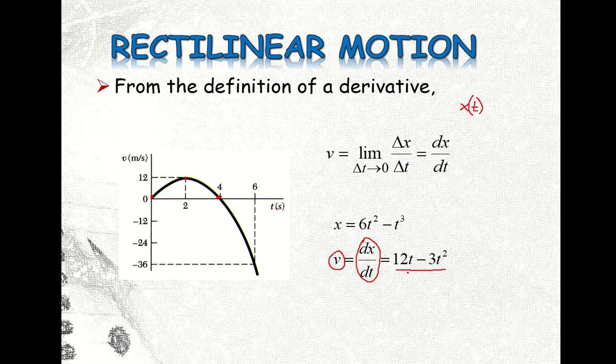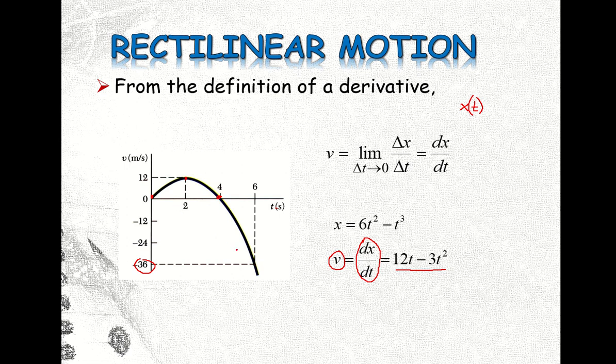So 72 minus 108, what's the difference? That is equal to negative 36. So that's why we have negative 36 here. Okay? So when t equals 6, our velocity is negative 36.